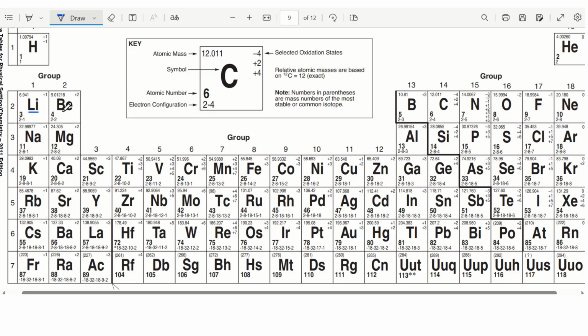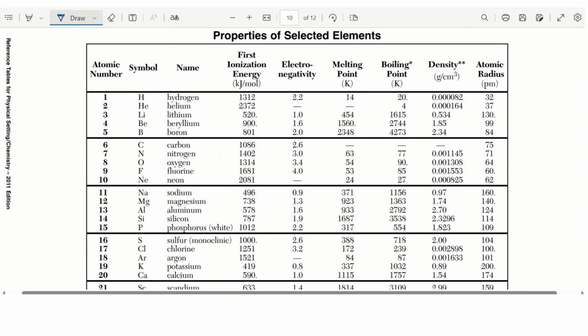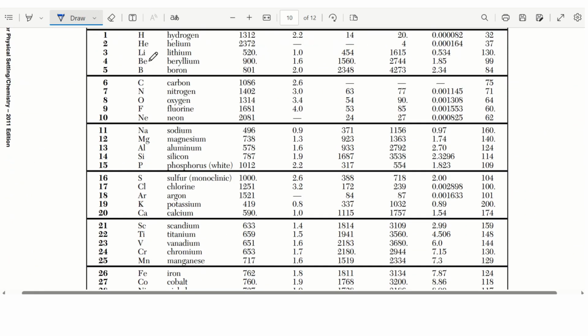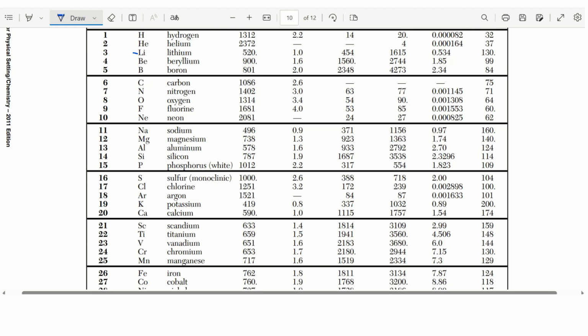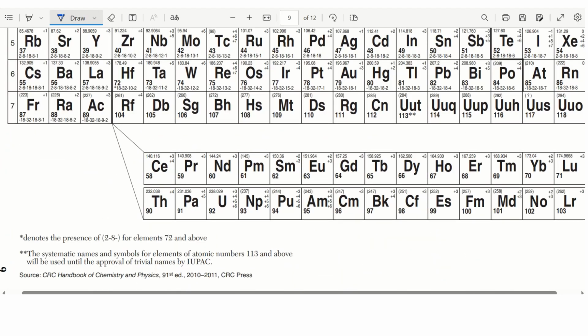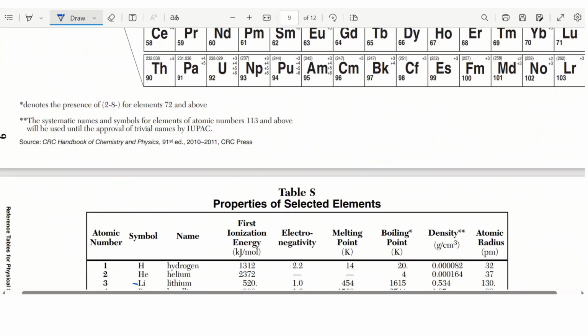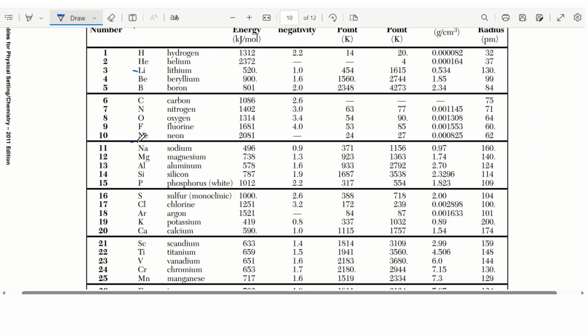It starts with lithium and ends with neon. So from lithium to neon, this is all period 2.